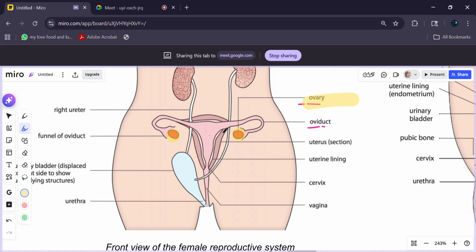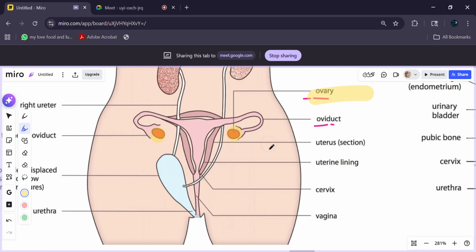And now let's talk about the oviduct. The oviduct is what connects the ovary to the uterus. When the ovary releases an egg, the egg travels through the oviduct, also known as the fallopian tube.